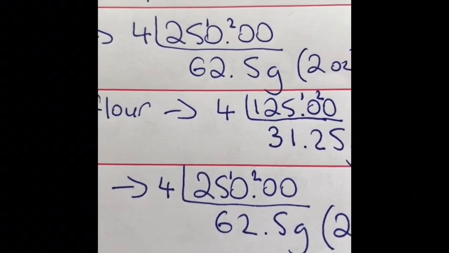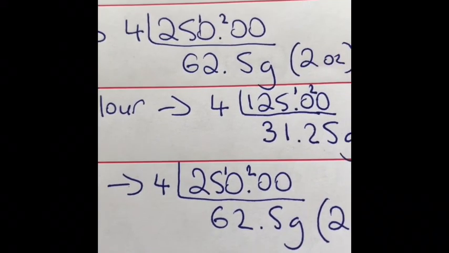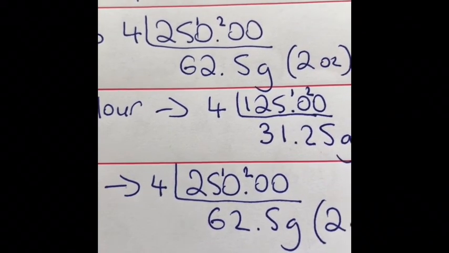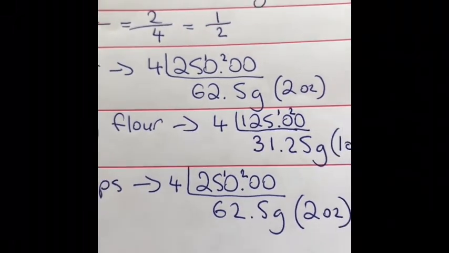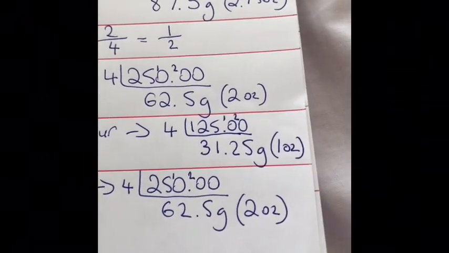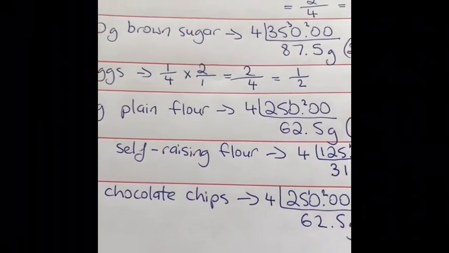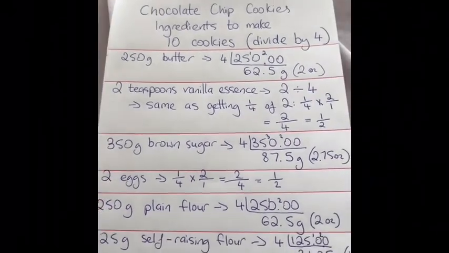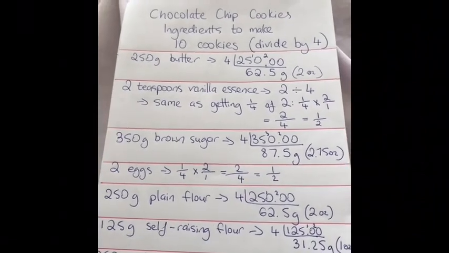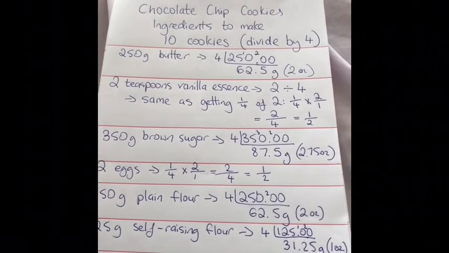So write down your 62, put down your decimal point under where it was, and then 4 into 20 goes 5. So 62.5 grams. And again, it's 2 ounces when we're using the ounces, but we're sticking with the grams here. So that would be quartering all of the ingredients, which is definitely harder than doubling, I think.